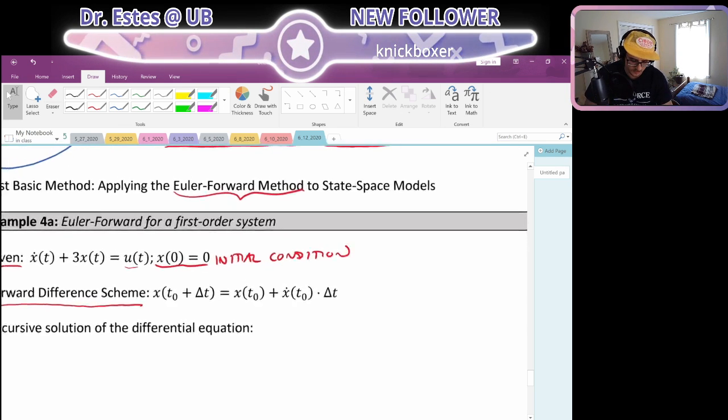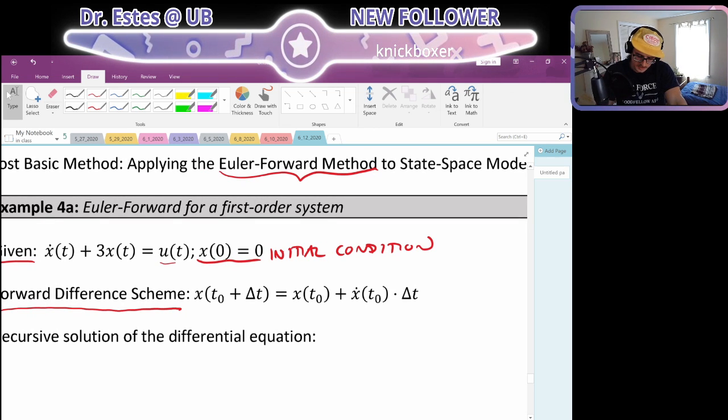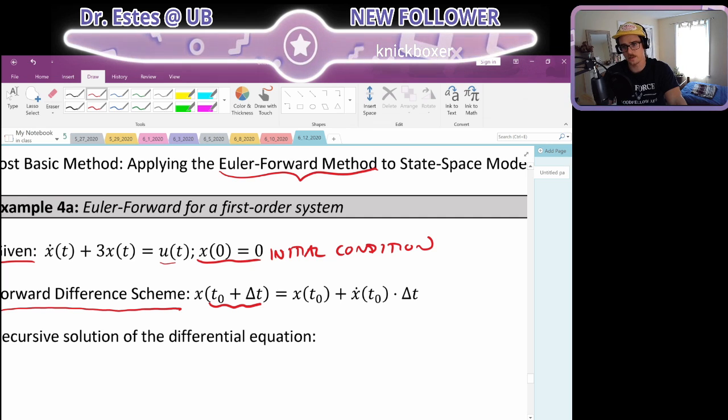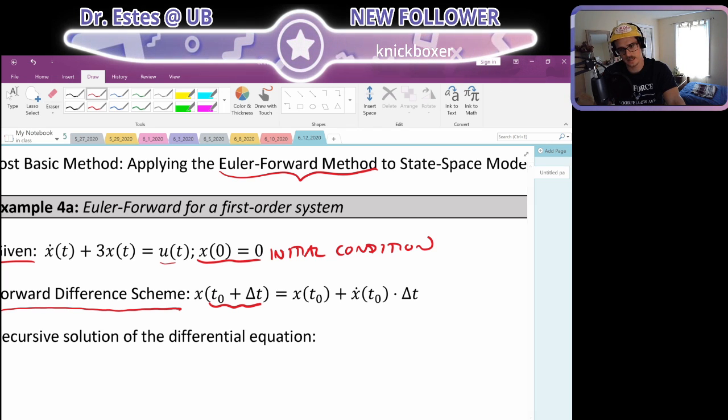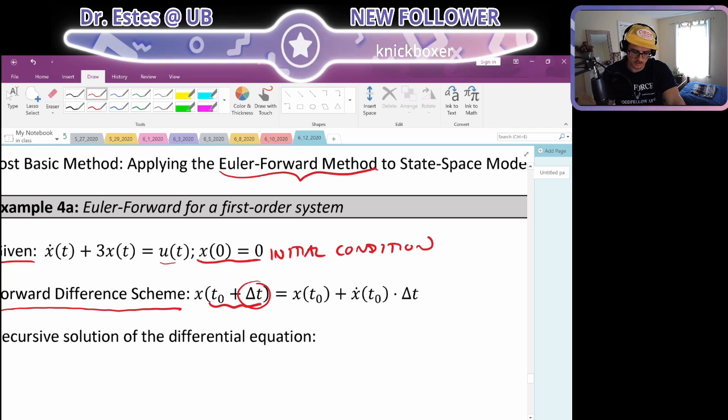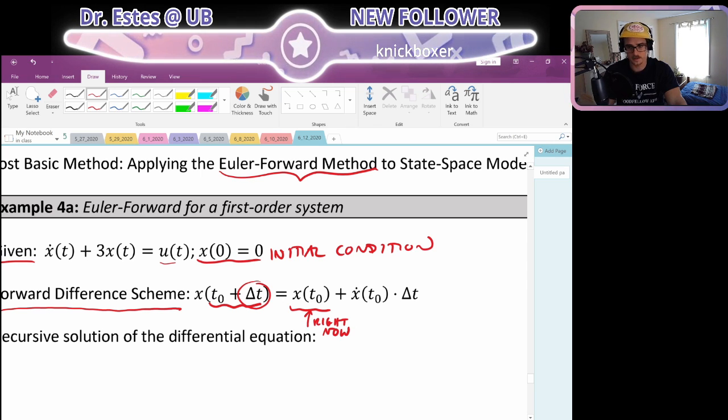All right, look at what this says. Let's say that we are at a time t naught right now, maybe 5 seconds or whatever. This is saying if I go into the future an amount delta t, then where you're going to be delta t from now is where you are right now. So x at t naught is x right now.